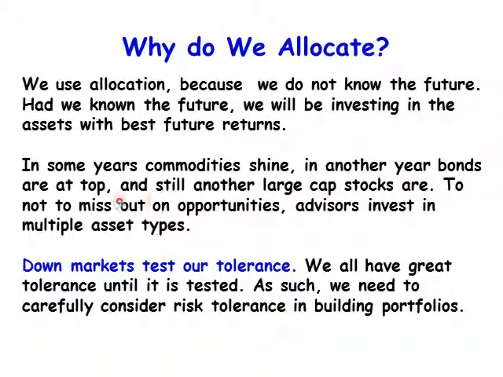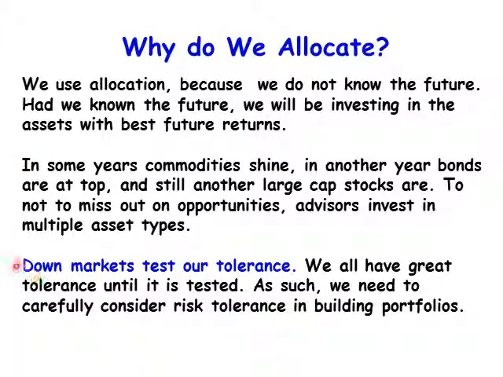To not miss out on opportunities, advisors invest in multiple asset types. This is where allocation comes in, because we don't know the future and various asset classes are on top in various years. There are no patterns to determine when which assets would be shining. As such, we mix up and use multiple assets.